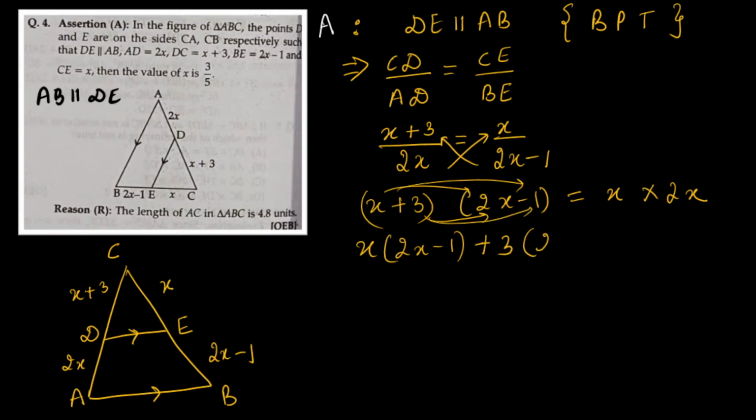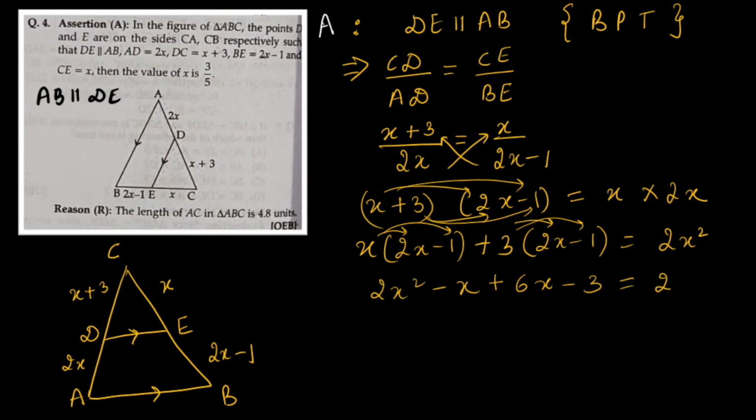So x into 2x is 2x square. X into minus 1 is minus x, plus 3 into 2x is 6x, 3 into minus 1 is minus 3, equals 2x square.